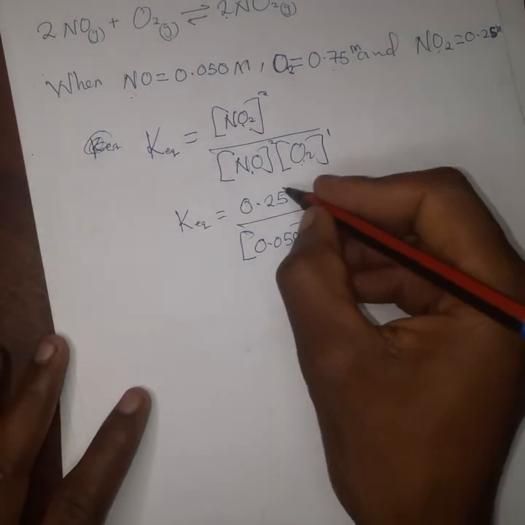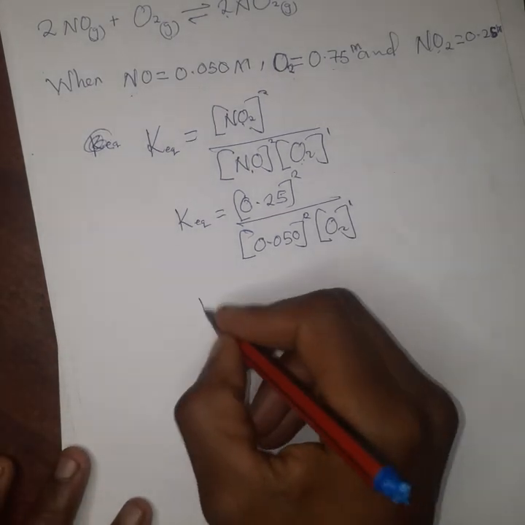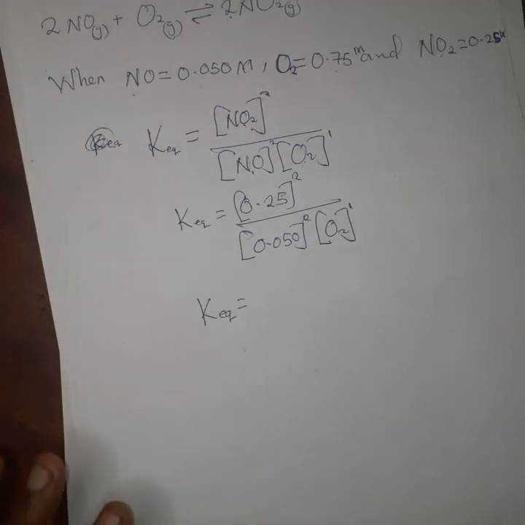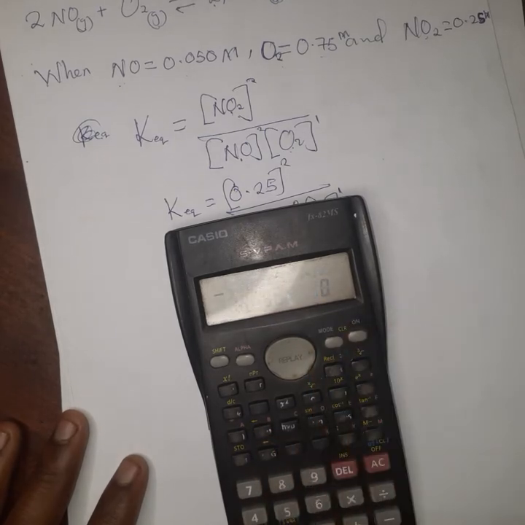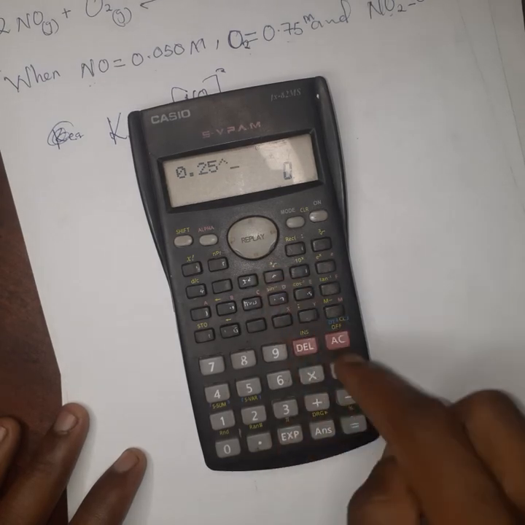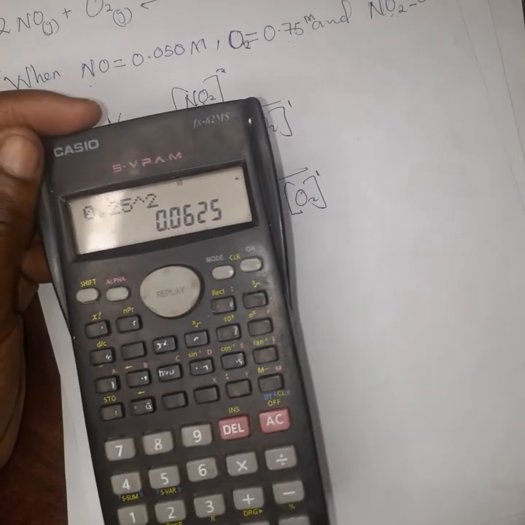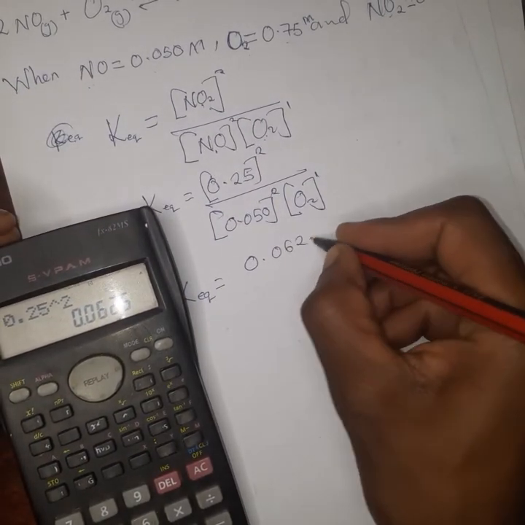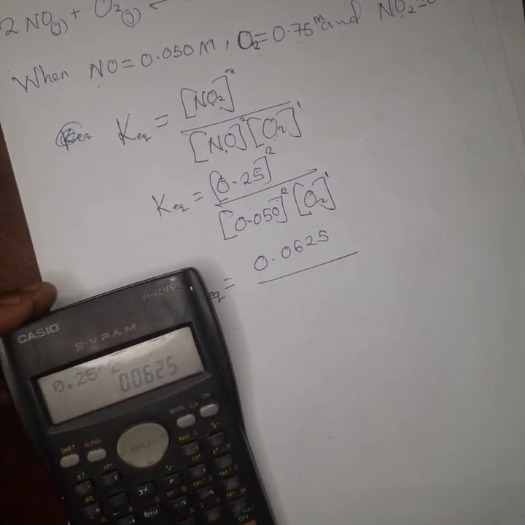I forgot the power, so the power 2. So the equilibrium constant is equals to 0.25 squared, which is equals to 0.0625 over, you simplify these one by one as well.